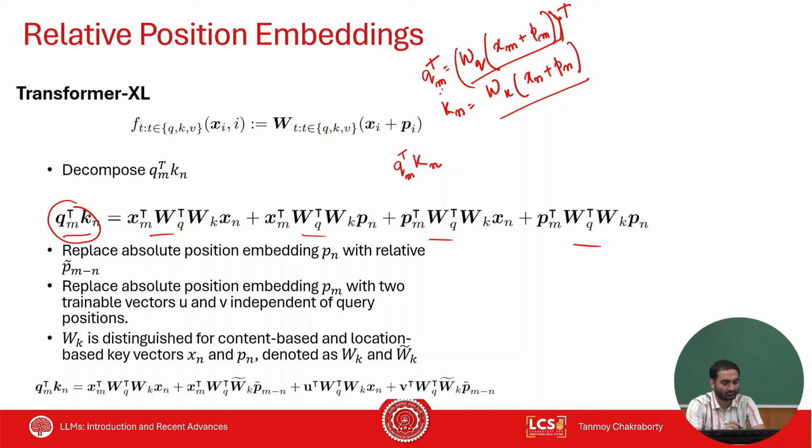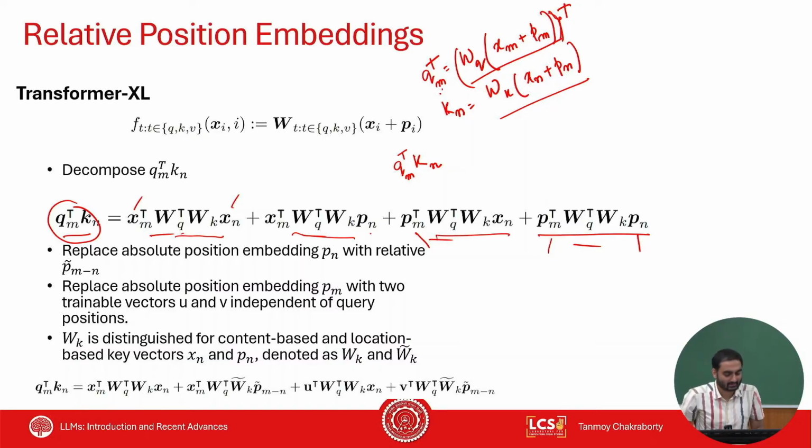Now let's look at each of these elements very carefully. The first element doesn't have any position information. These are just word embeddings of query and key. The second element has the position information of the key. The third element has the position information of the query, and the last element doesn't have any word embedding. These are just 2 positions. That's all.